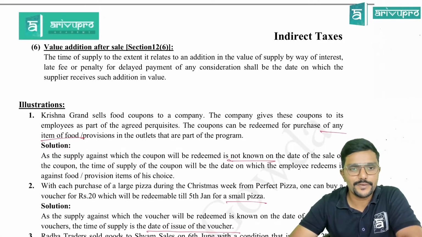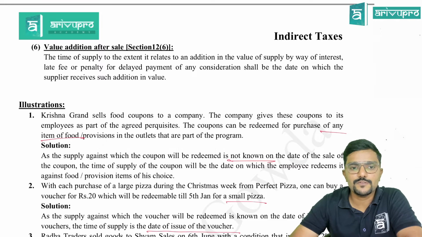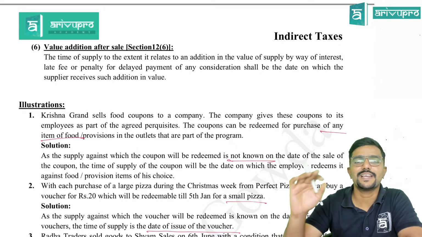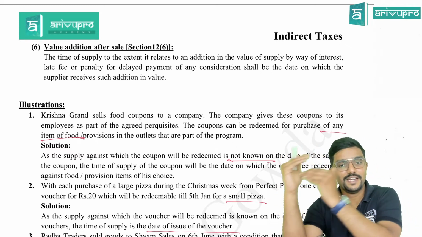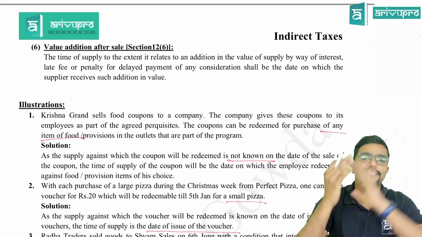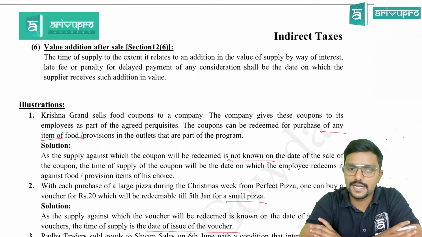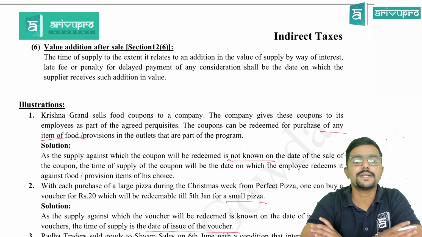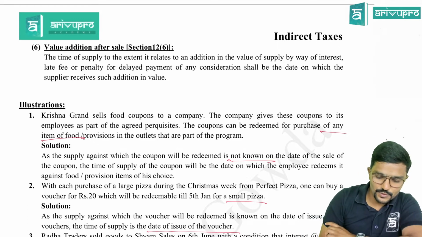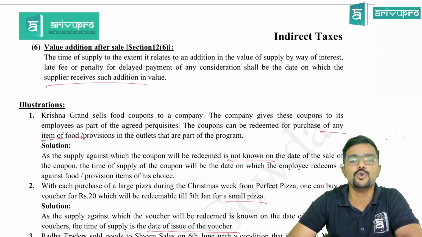Value addition after sales. Section 12, subsection 6. The time of supply, to the extent it relates to an addition in the value of supply by way of interest, late fee or penalty, you can remember it as IPL: interest, penalty, late fees. For delayed payment of any consideration, it shall be the date on which the supplier receives such addition. So who is charging these additions to whom?